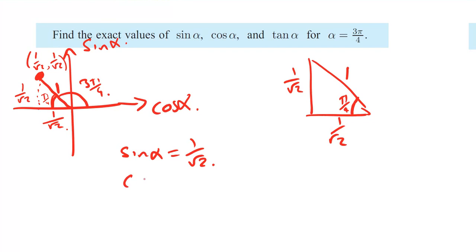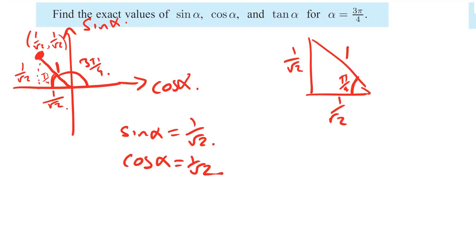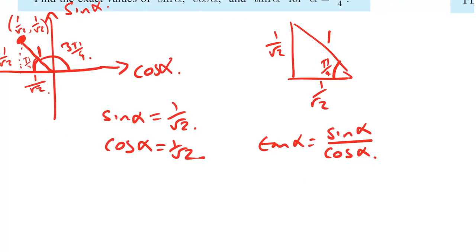And I know that cosine alpha is also 1 over root 2. And what about tan? Well, tan of an angle is the sine of that same angle divided by cosine of that angle. So we're going to use that to help us. So we're going to do 1 over root 2 divided by 1 over root 2. So, of course, the answer is going to be 1.